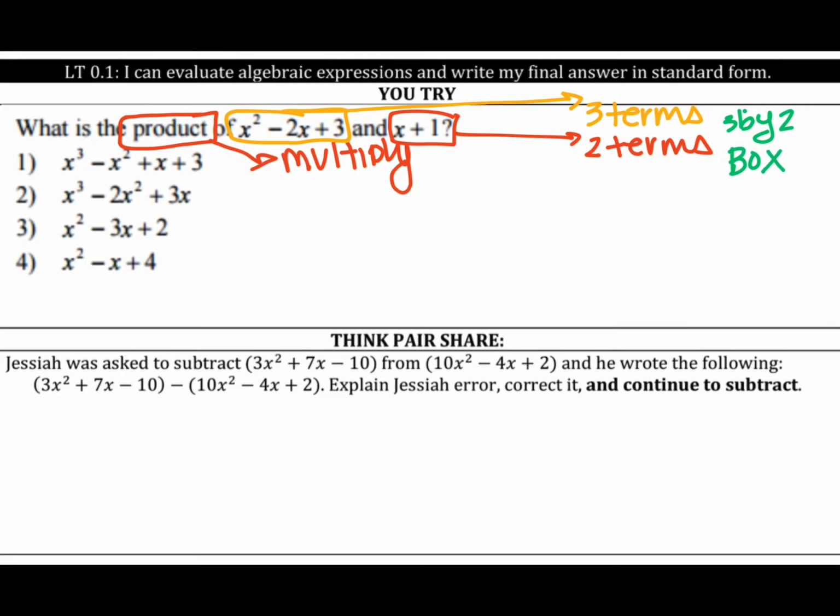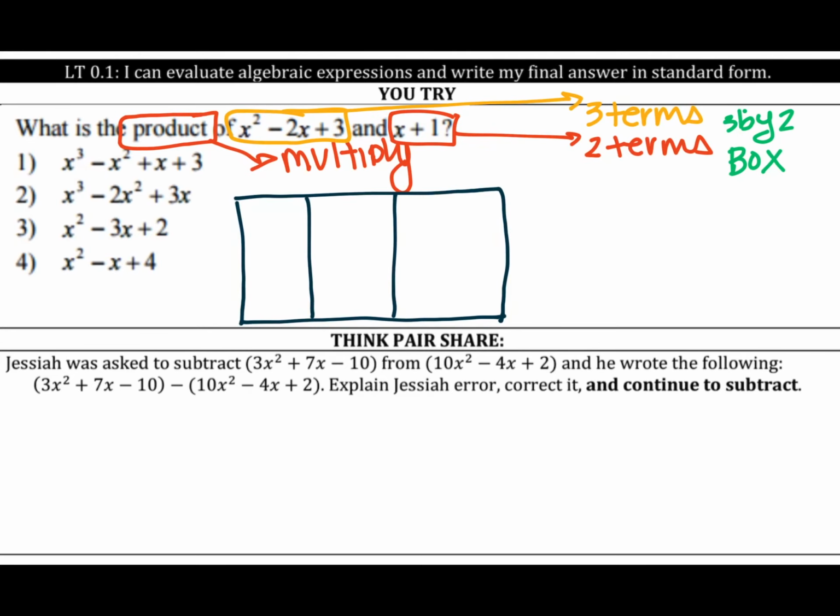All right, let's set it up. It might be a little tricky, and I'm going to try and make it as large as possible so that it can fit everything. And we're going to just set it up. So let's put our first one, which is the x squared, the minus 2x, and then the positive 3. And then the next one is going to be the x plus 1. And let's begin multiplying.